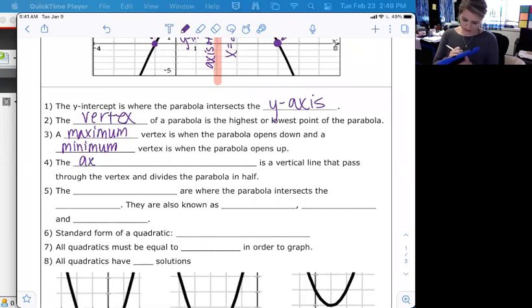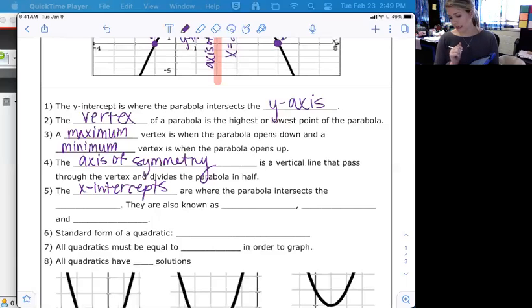The axis of symmetry is a vertical line that passes through the vertex and divides the parabola in half. The x-intercepts are where the parabola intercepts the x-axis.